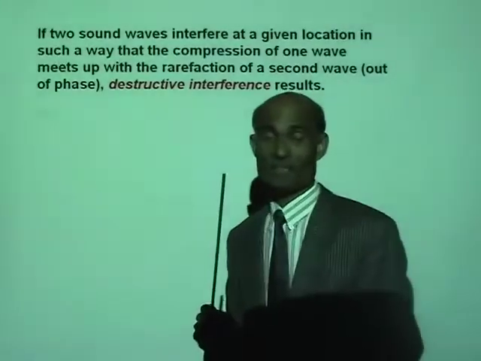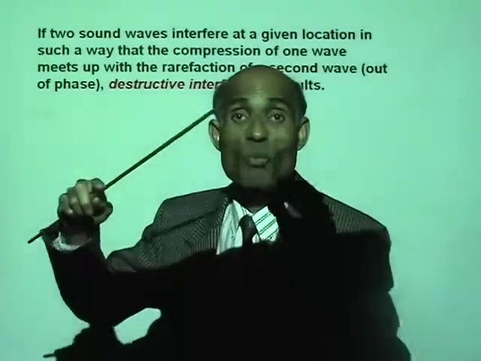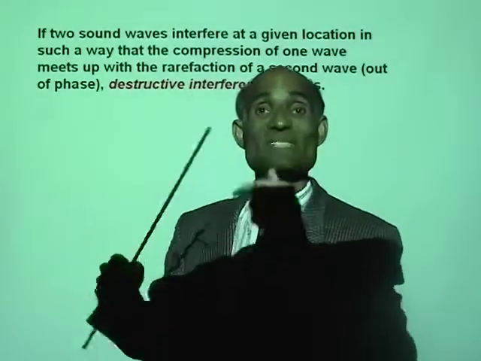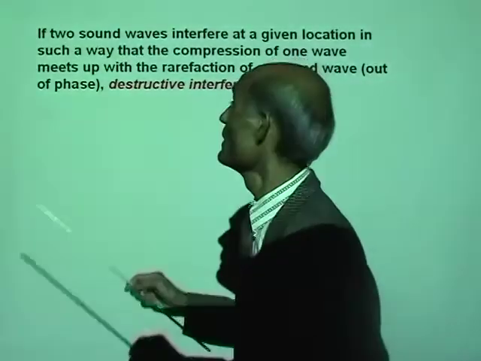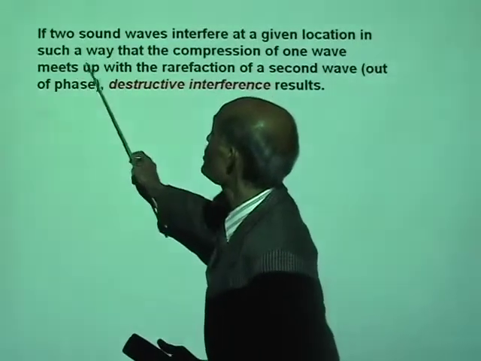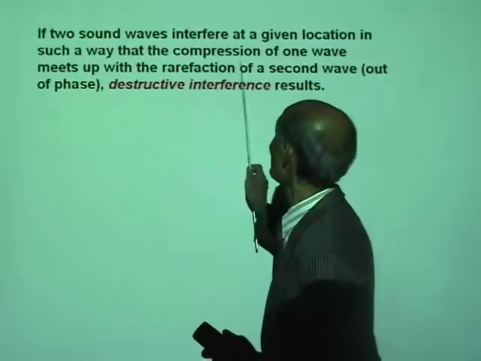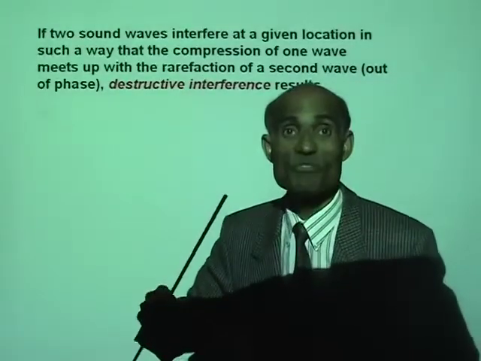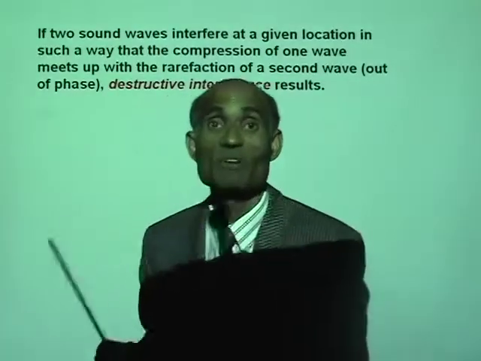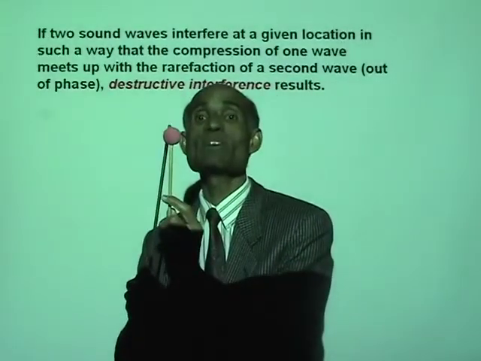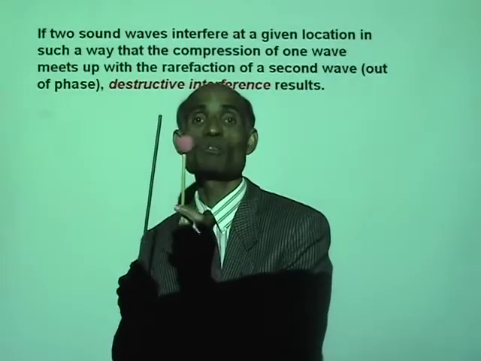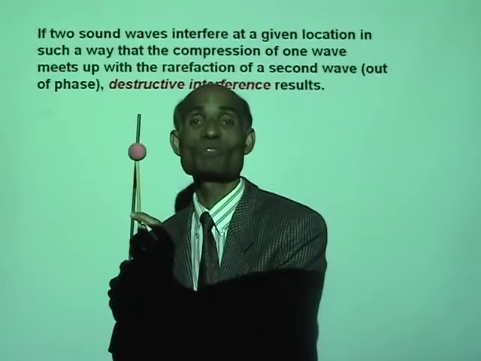On the other hand, if the compression of one wave meets with the rarefaction of the second wave, what will happen? If two sound waves interfere at a given location in such a way that the compression of one wave meets up with the rarefaction of the second wave, that means the first wave tells this particle to move right. The second wave makes that particle move to the left.